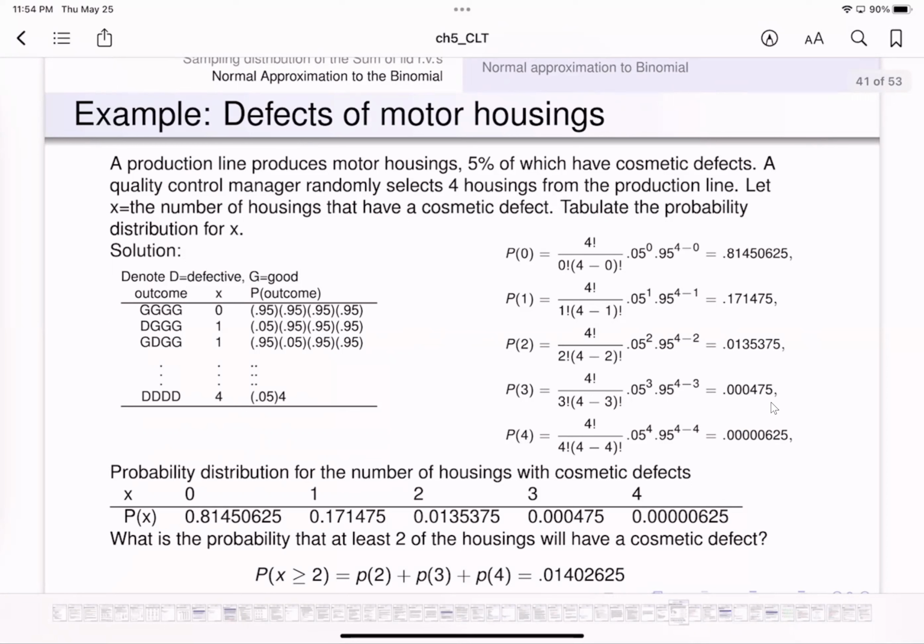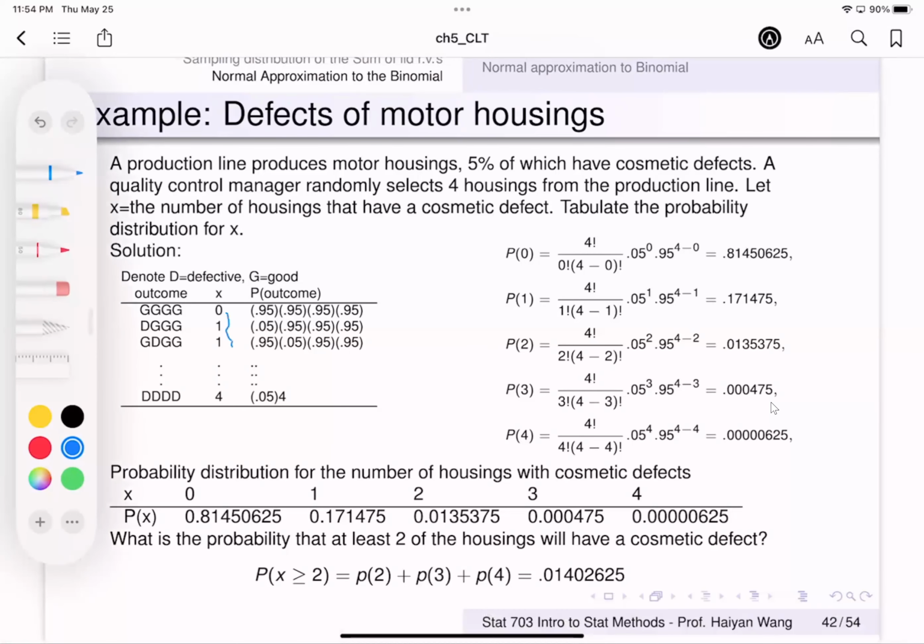When we calculate the probabilities, we can consider all possible values of x. The number of defective ones could be 0, 1, 2, and so on.